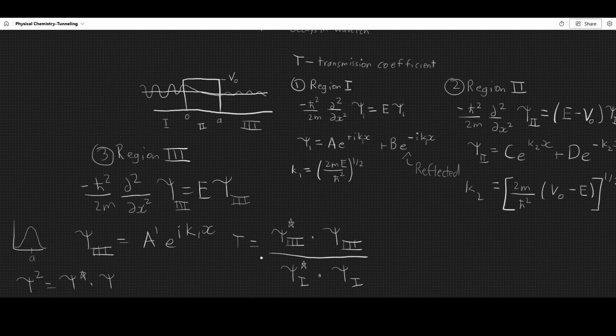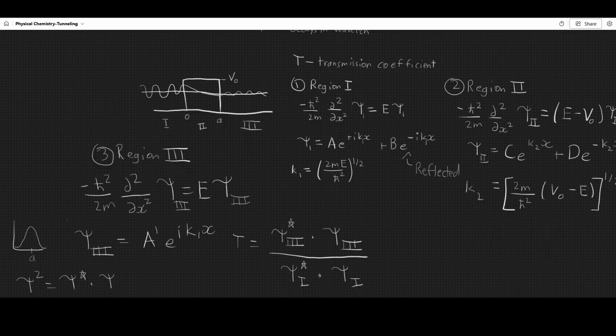So we get a fraction, or a percentage, of how many of those particles we're able to get from region 1 to region 3. That's the whole point of this. We're dividing the two probability distributions so that we can figure out how many particles are getting through, and that will tell us the transmission coefficient. And so if we simplify this, we already have what psi 3 equals.